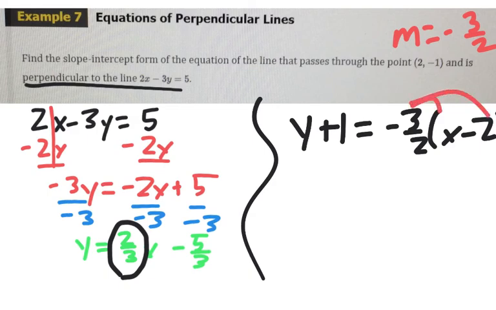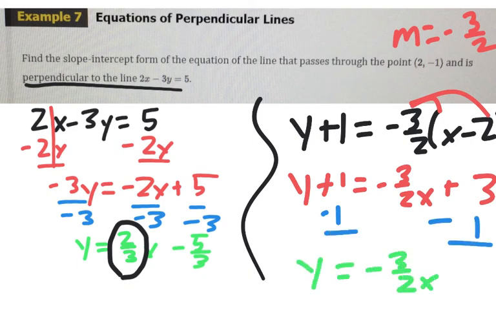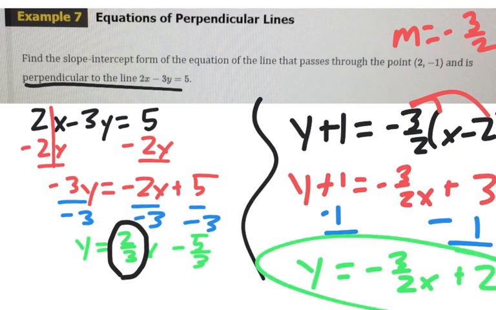I distribute. That tells me y plus 1 equals -3/2 x plus 3. And then subtract 1. So that's going to give me y equals -3/2 x plus 2. So that would be an equation in slope-intercept form of my line.